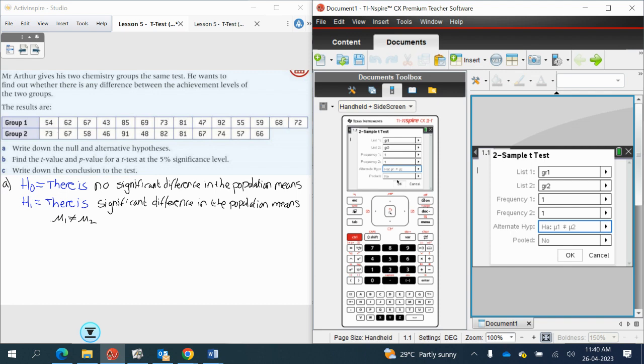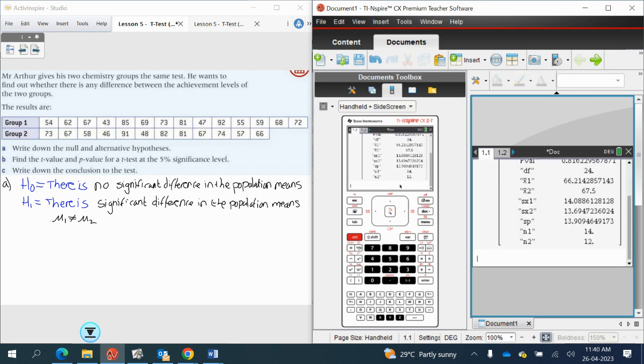This is the crucial part: mu1 is not equal to mu2. The other thing you have to remember is you want to click pooled yes. Now this is not the default setting. It's something that we click. I'm not going to explain that.